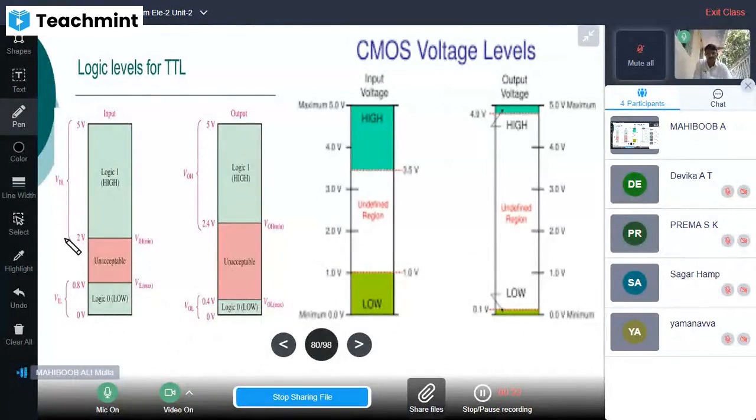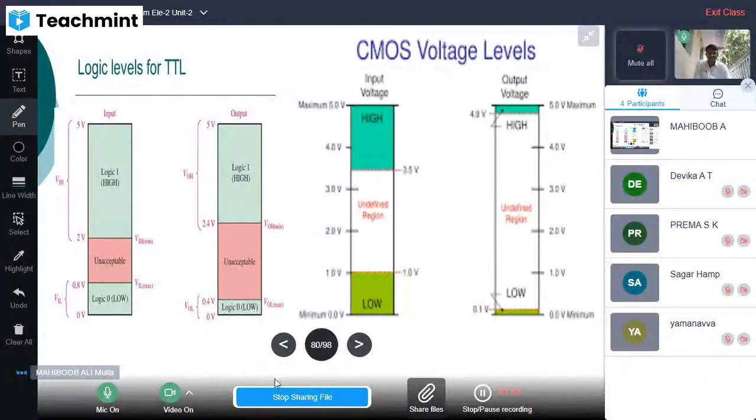Suppose this is input VIH minimum, that is 2 volts, and VOH minimum is 2.4 volts.